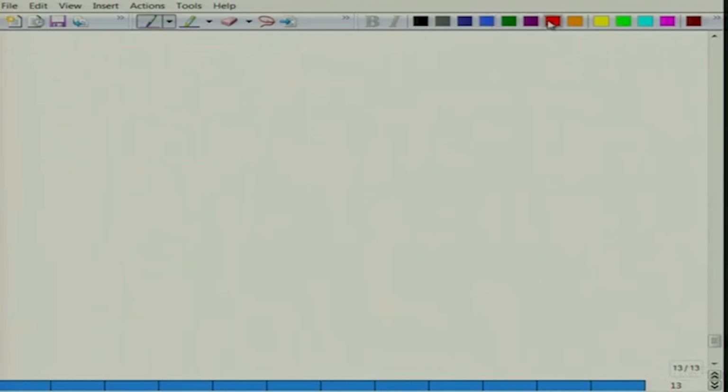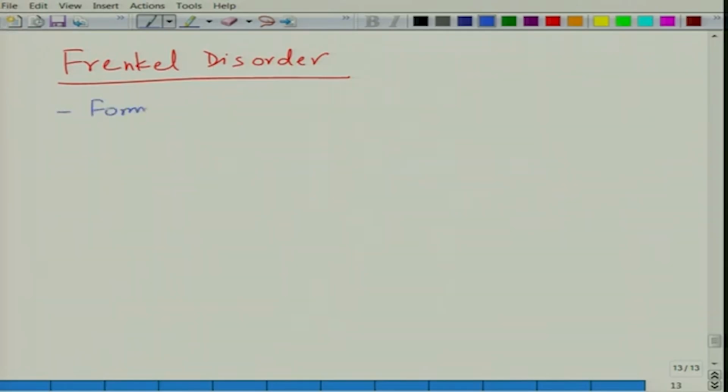The second defect in this series is called Frenkel disorder. Frenkel disorder is about the formation of a metal interstitial and a vacancy. So, either metal or anion interstitial and a vacancy.